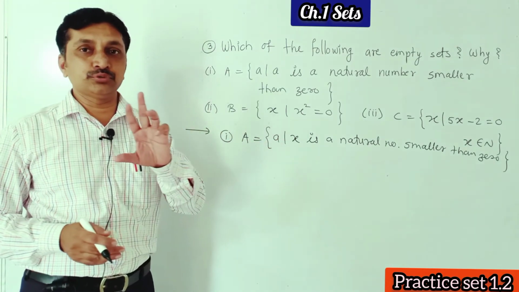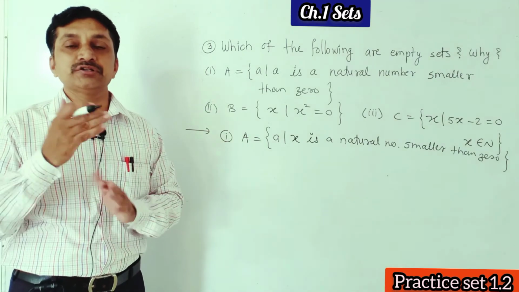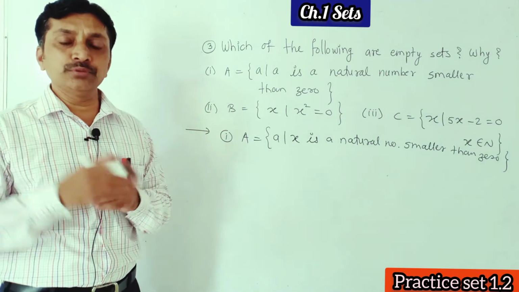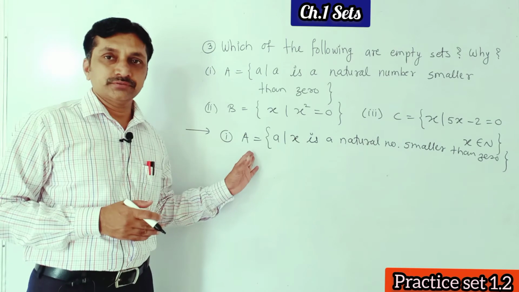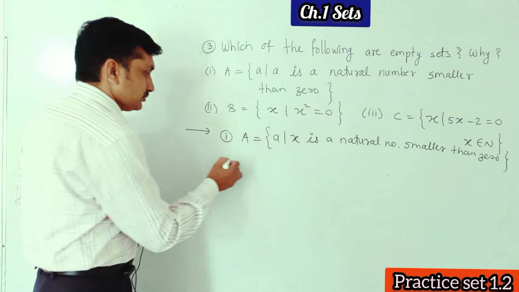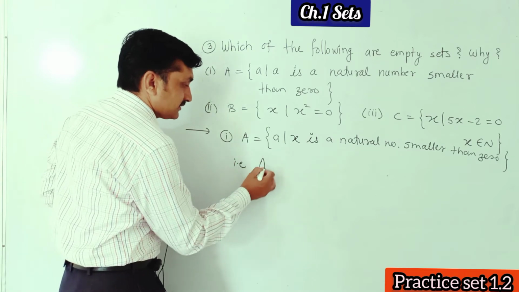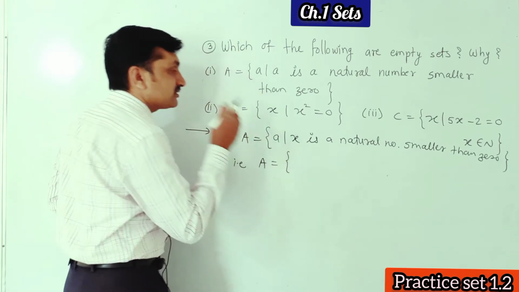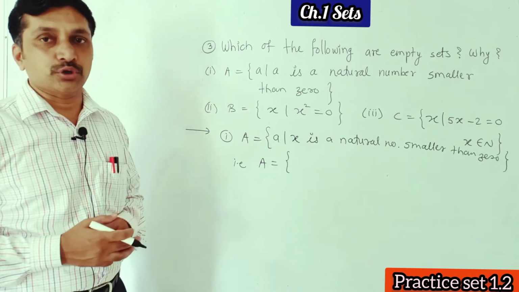There are two methods: listing method and rule method. It is in rule method. We have to write it in listing method first. I write it in listing method, then we will understand whether it is empty or not.